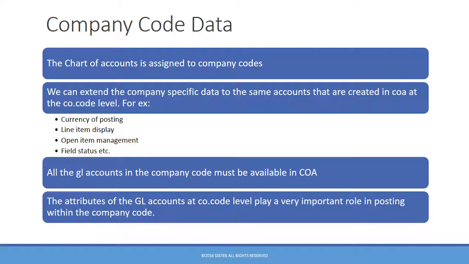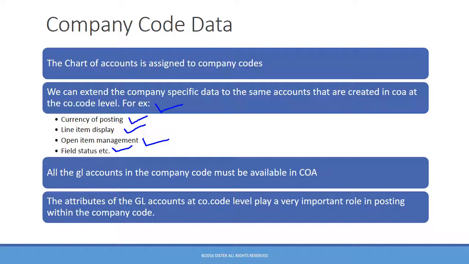Now let us have a look at the company code data. As I told you, the chart of accounts is assigned to company codes, and we can extend company-specific data to the same accounts that are created in the COA at the company code level. For example, which currency it posts, whether it should have line item display, or whether there should be open item management, or what should be the field status.